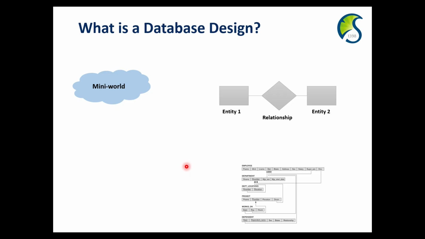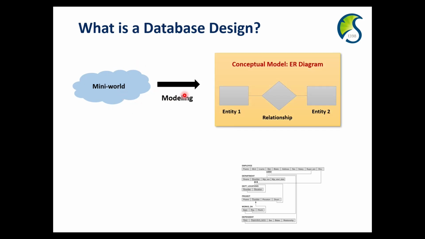And now let me explain the database design. This is the overall structure. Given a mini world, we can model the mini world and describe the ER diagram. The ER diagram consists of entities and relationships.